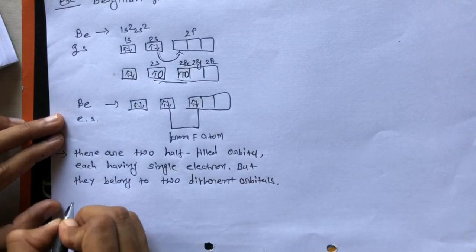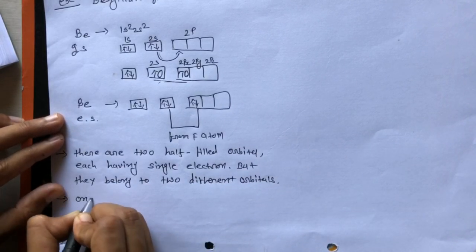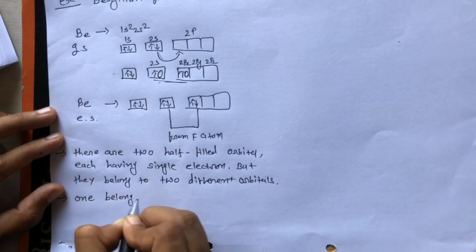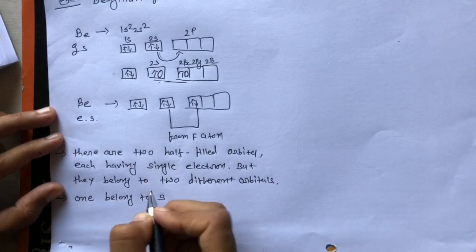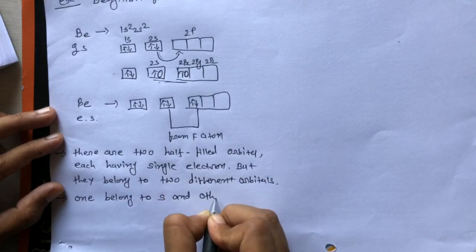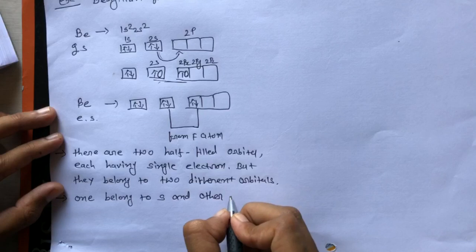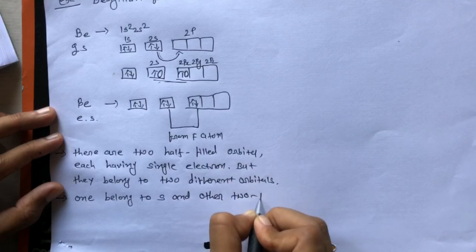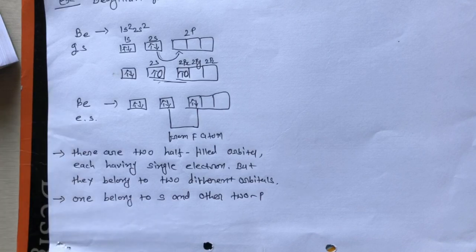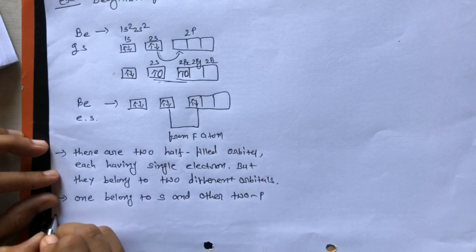One belongs to S and the other to P, right? So in this case, 1s and 1p orbitals are involved to form hybrid orbitals.